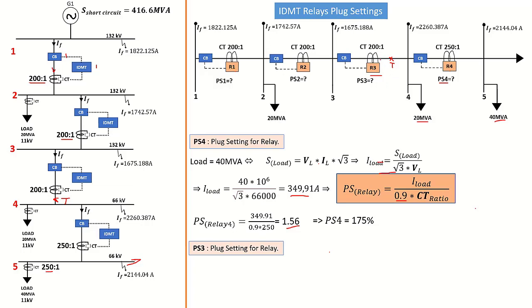So from there, you know that there is a primary side and a secondary side, because that's 132 and that's 66. The relay is right on the primary side of the transformer.